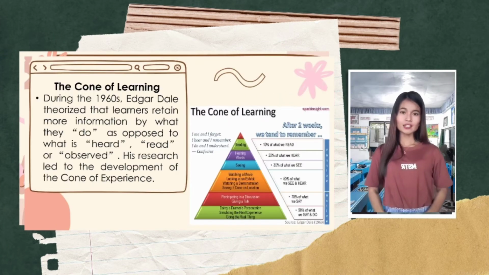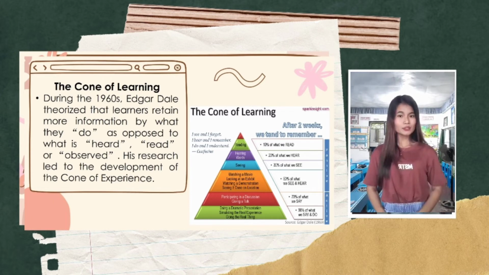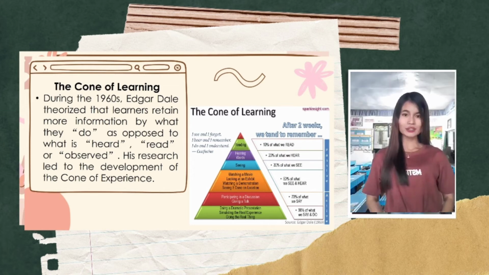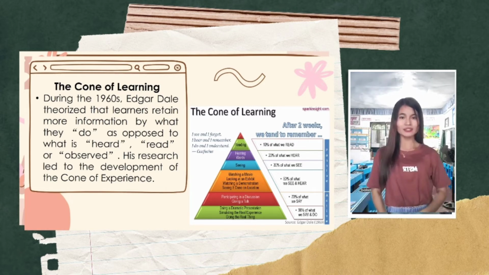The cone of learning. During the 1960s, Edgar Dale theorized that learners retain more information by what they do, as opposed to what is heard, read, or observed. His research led to the development of the cone of experience. The cone of learning is a learning pyramid, a popular learning model representing different degrees of retention induced from different types of learning.